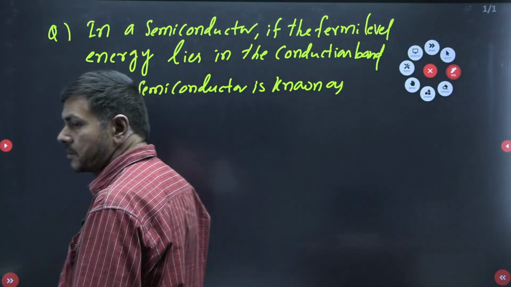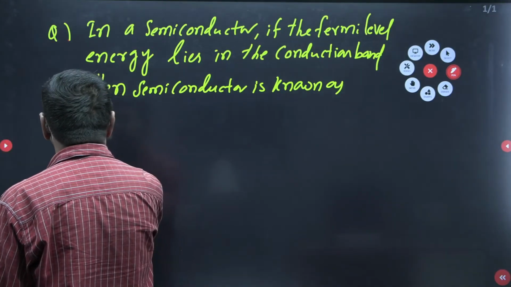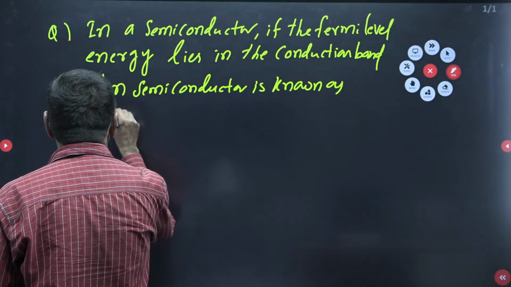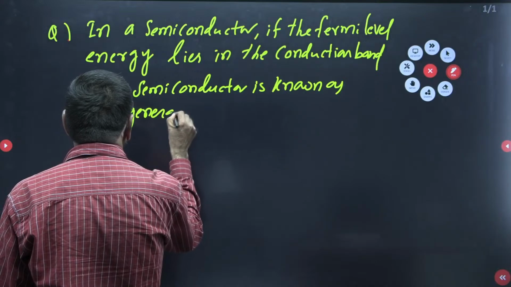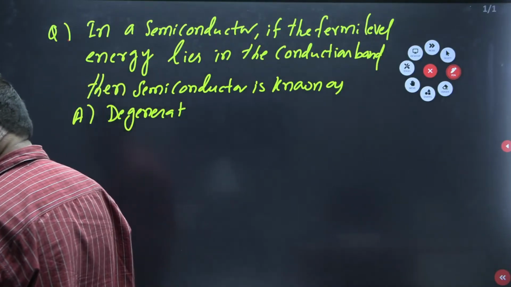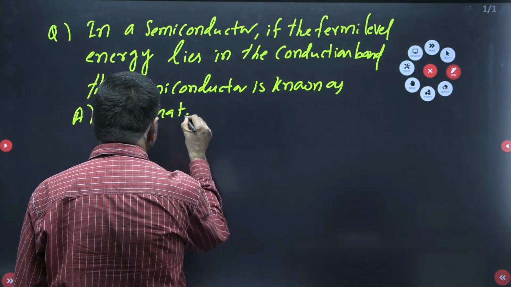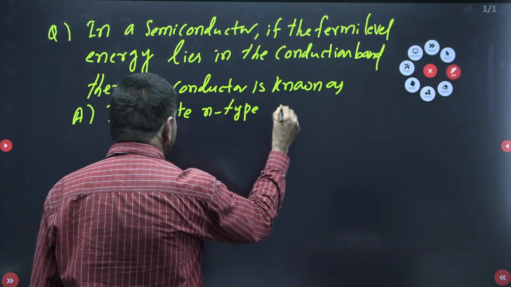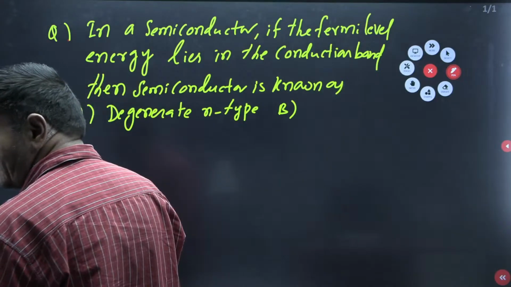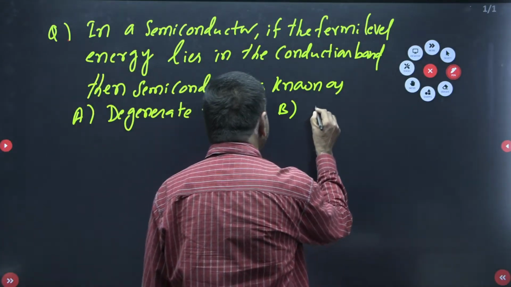here 4 options are given, those 4 options I will give. Option A, degenerate N type. Option B is given here, degenerate P type.